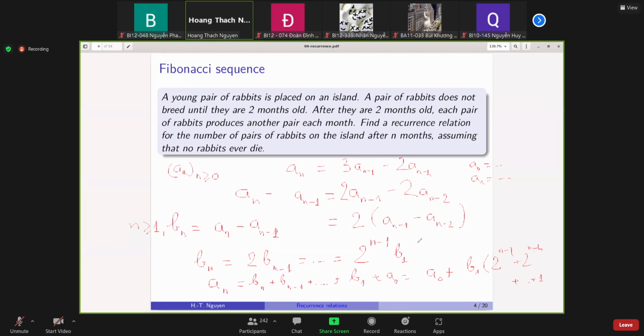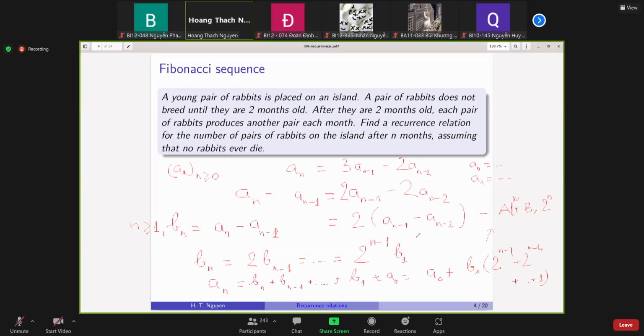And after some rewriting, it will be equal to something of the form a plus b times 2 to the power n, where a, b are some constants that depend on the initial conditions.